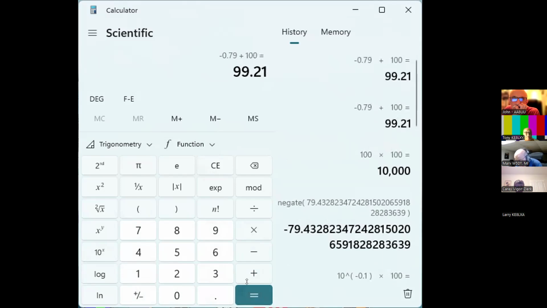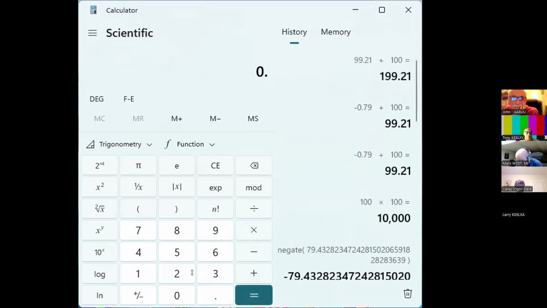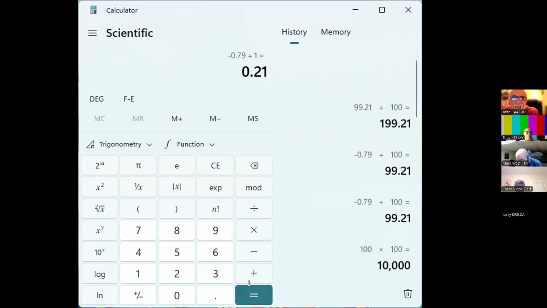No, you want a -1. Oh, 0.79 -1. Okay, we'll try that one. 0.79 inverse plus 1. Yeah, okay. And then you take it times 100 to get the answer of 21%, or 20.6 actually, which is the closest one there. And the answer is C.